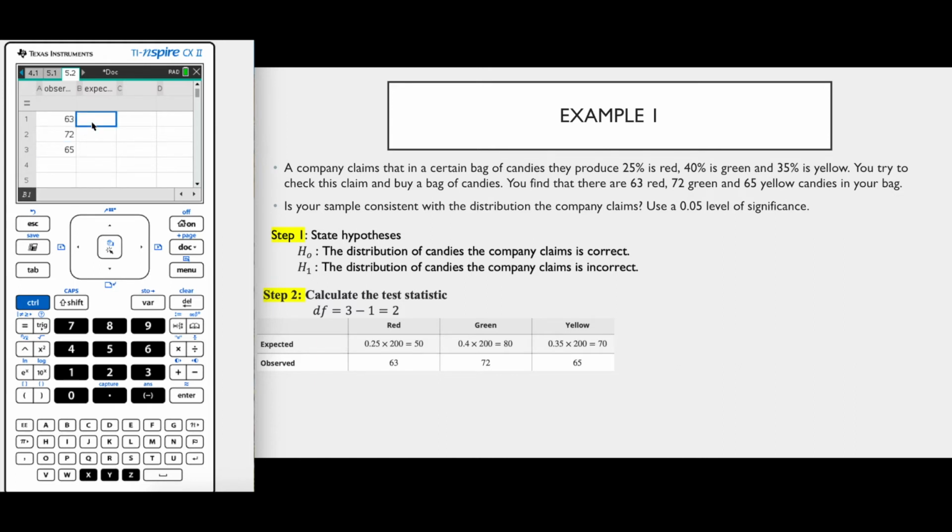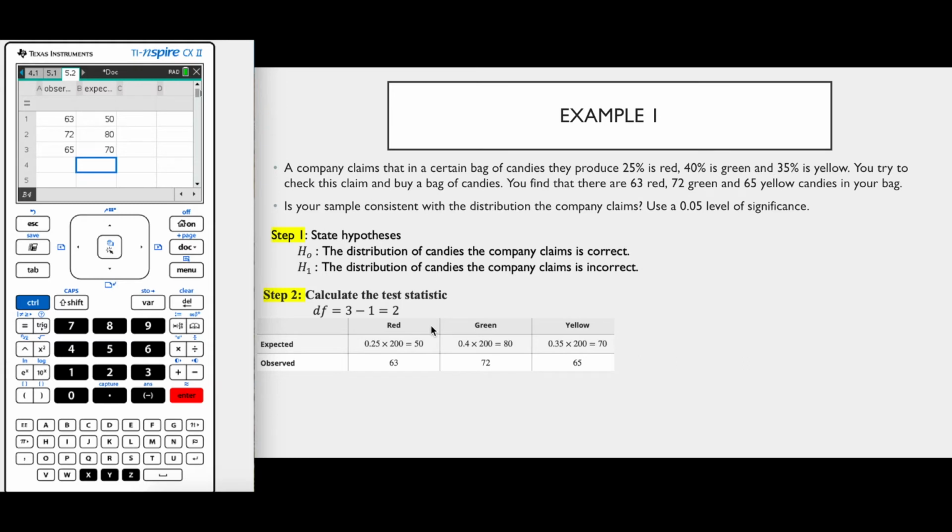Now we need to calculate the expected data. In order to calculate the expected data, well, we need 25% to be red. So 25% of the total 200 that we had in our bag, that means we are expecting 50 to be red, 40% we are expecting to be green, and then 35% we are expecting to be yellow.